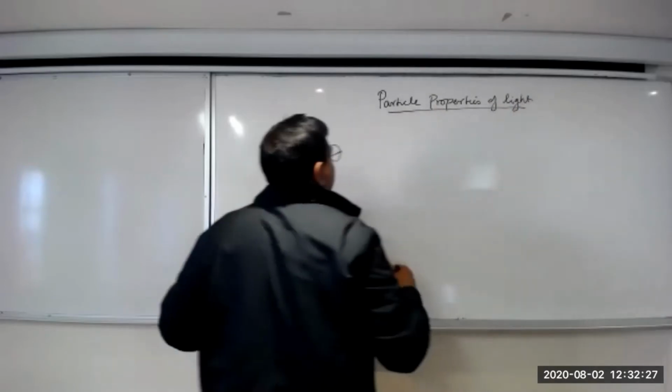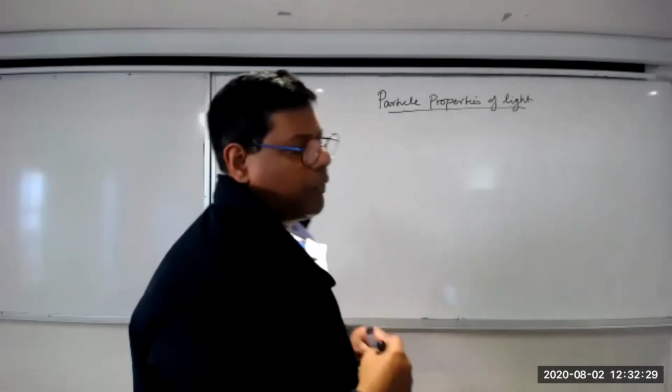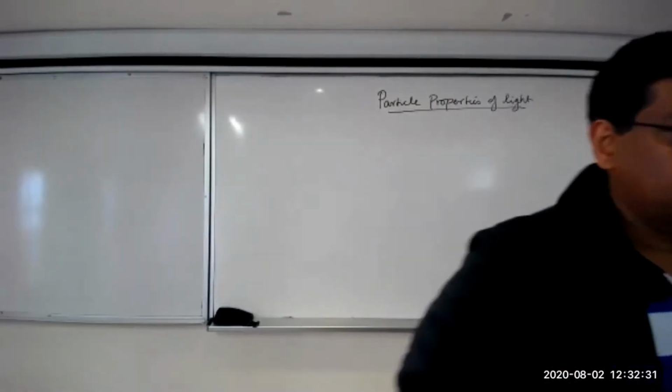This problem came in the beginning of the 20th century, the 1900s. Remember Young's double slit experiment was in the 1800s, nearly 100 years earlier.